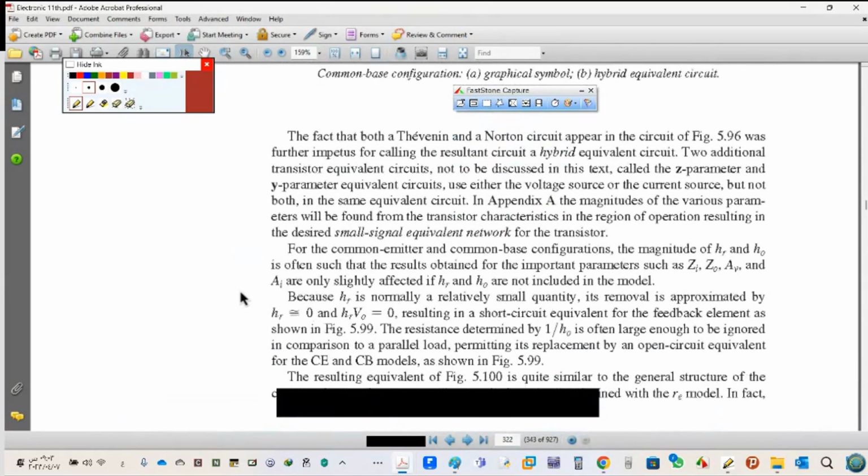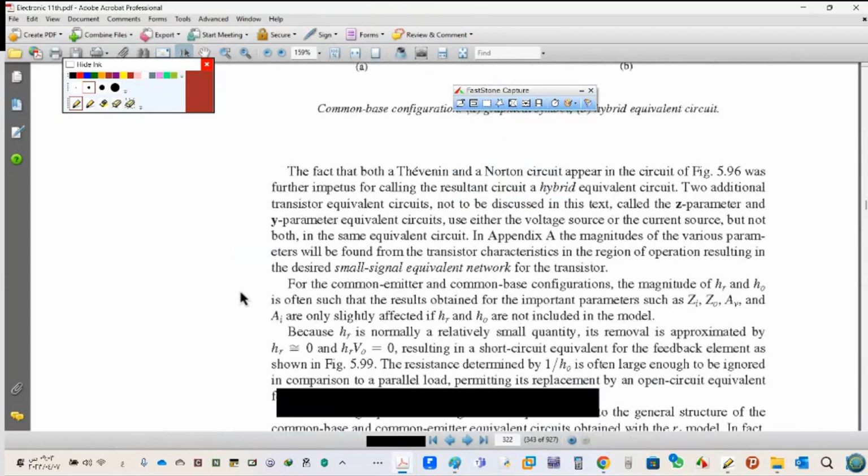So I will read here: HR and HO are not included in this model because for common emitter and common base configuration, the magnitude of HR and HO is often such that the results obtained for the input impedance Zi, Zo, and Av and Ai are not largely affected if HR and HO are not included in this model.